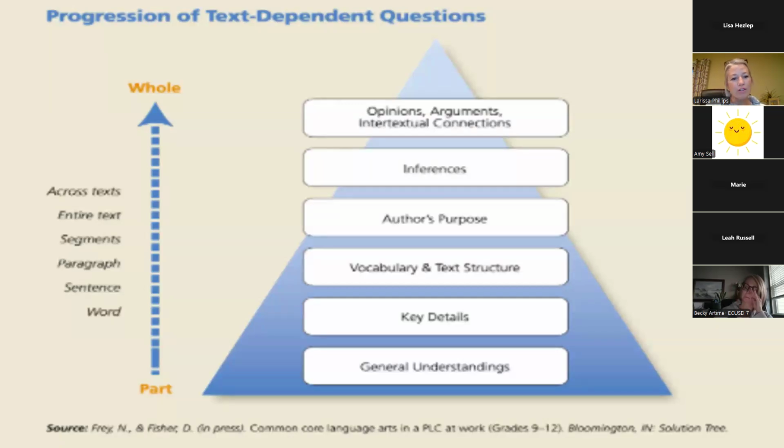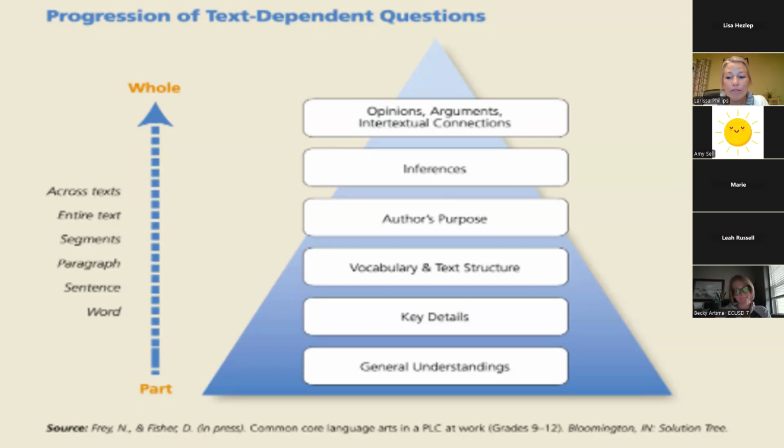Once students have that understanding of the text as a whole, instruction can move to part questions, which require that closer analysis of smaller segments, maybe a specific paragraph, maybe even at the sentence level, word choices, or textual features. And these questions might focus on how the author's language, evidence, or structure contributes to the overall meaning.